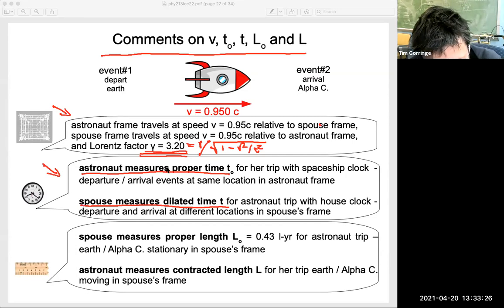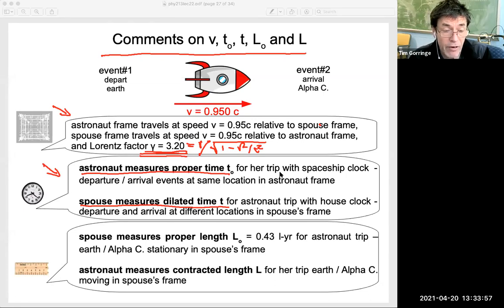The astronaut sees the proper time because the proper time is measured by the clock where the departure and the arrival, the departure from Earth and the arrival at Alpha Centauri, are at the same location. Well, that reference frame that sees the departure and the arrival at the same location is the astronaut's reference frame.